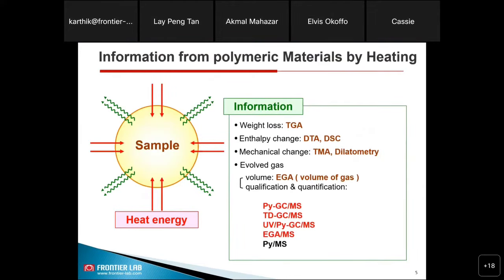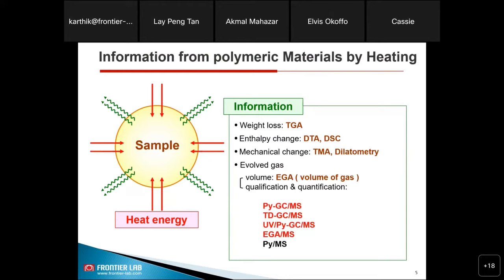So how pyrolysis GCMS is used for this purpose is what you will learn from today's webinar. As you know, thermal analytical techniques are used for material characterization with different objectives. The most common and popular one is TGA, thermogravimetric analysis, which is mainly employed to determine the weight loss information of the material with a ramp temperature program.